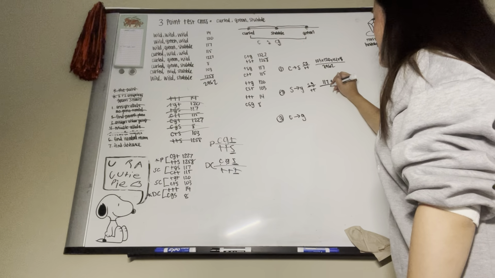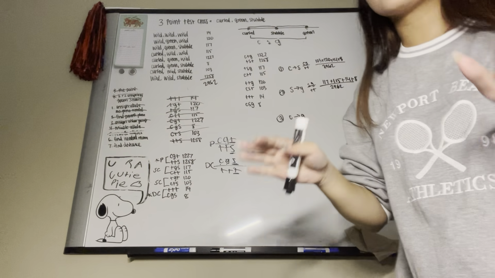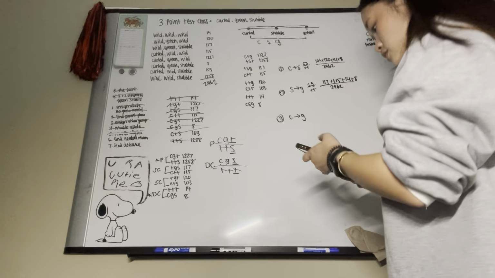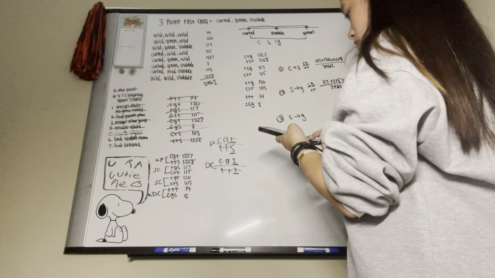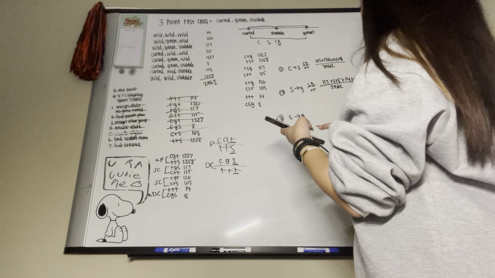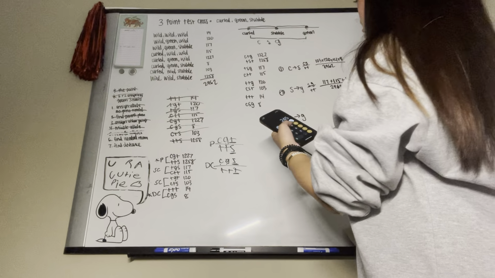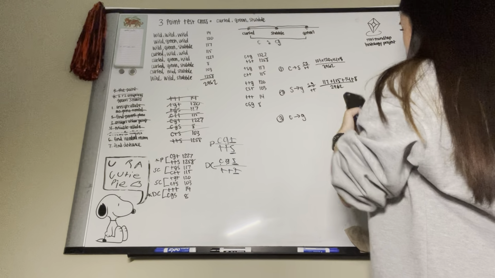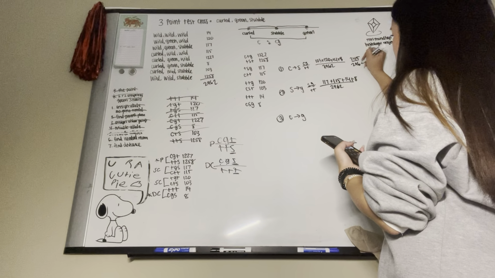Again, you divide by 2,962. I'm going to just do the math really quick. 103 plus 120 plus 14 plus 8. That's 245. 245 divided by 2,962.